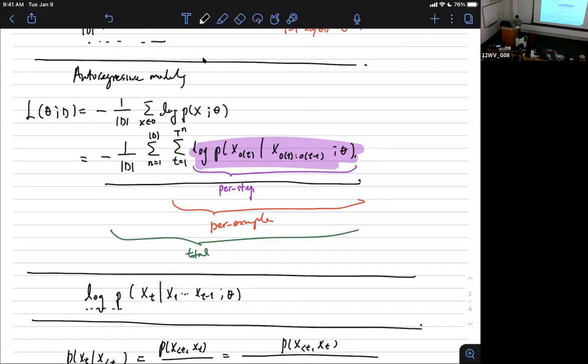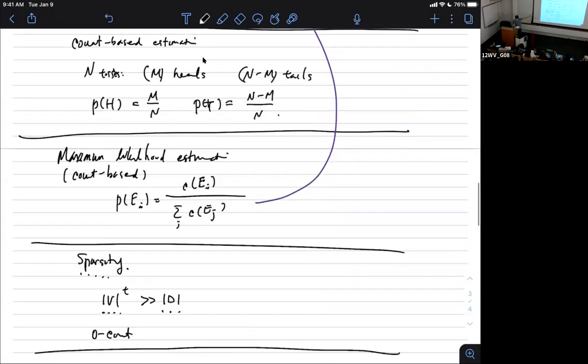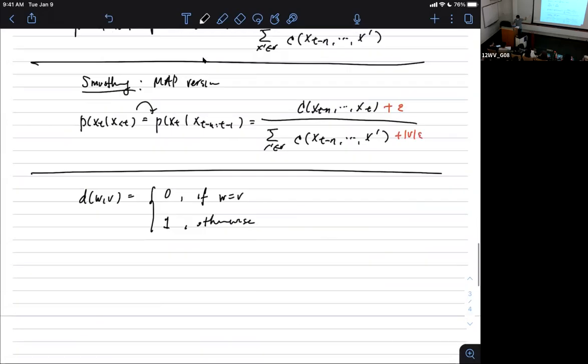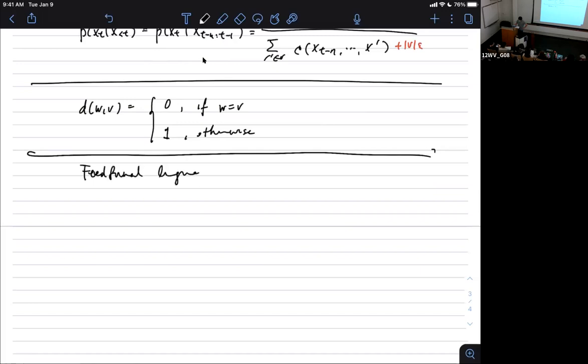So instead of doing this counting, which was pretty nice because we knew the exact answer we could get, we're now going to advance to a so-called feedforward language model. This feedforward language model is going to be just like a text classifier.